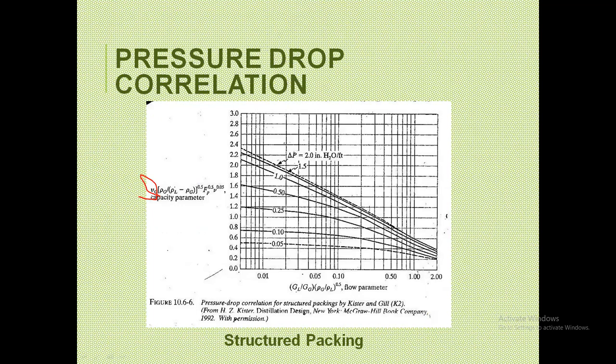So this is already a condition when your column is flooded after you have taken the capacity parameter. So what are you going to do with the computed V sub G? We're going to use the value that is suggested by John Cooklis, the percentage value of the computed maximum linear velocity in determining the size of the column.